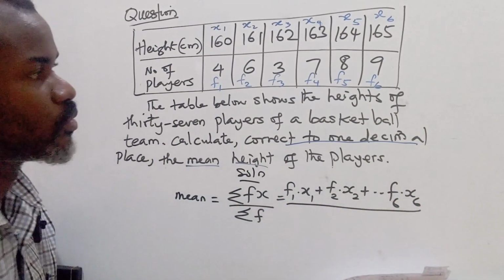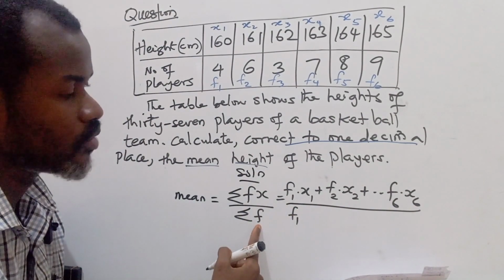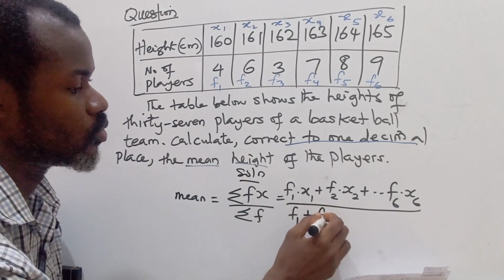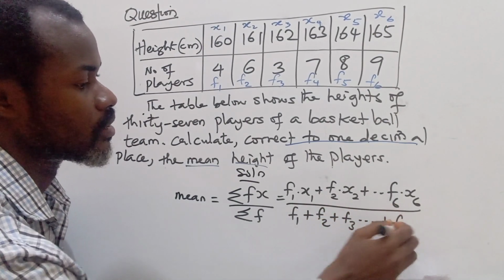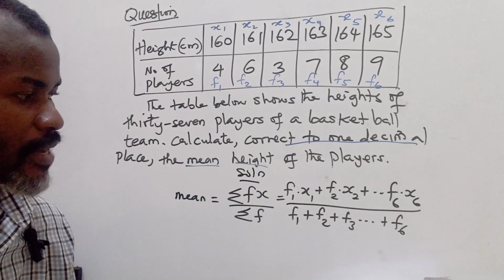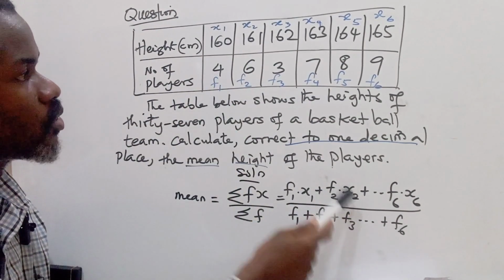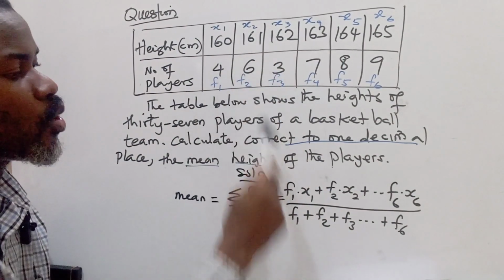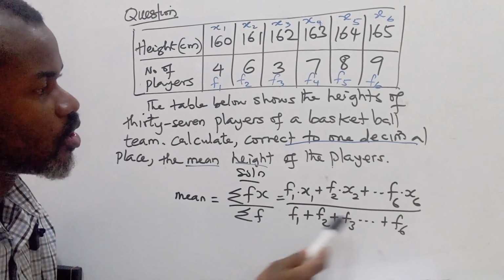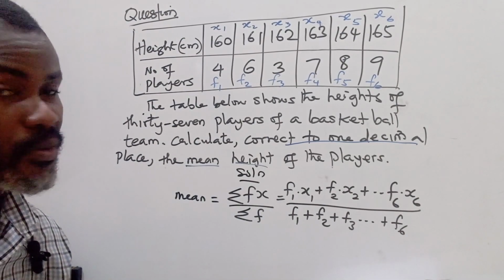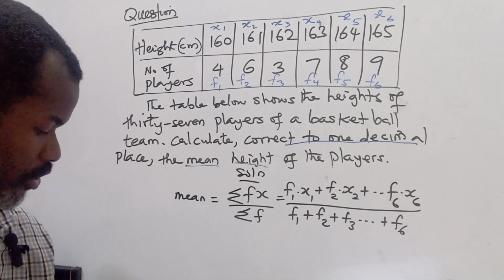All these will be divided by the summation of the frequencies, so F1 plus F2 plus F3 down to F6. By the formula, we multiply each frequency by its height, and then we sum them. Then we also sum all the frequencies. That is what we are going to do quickly in this question.